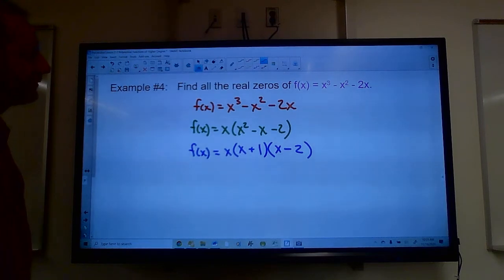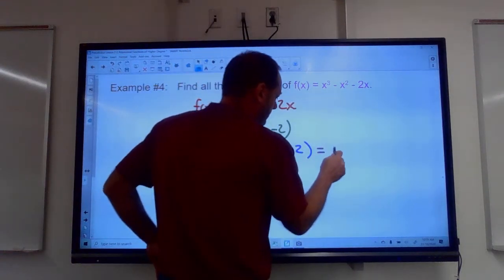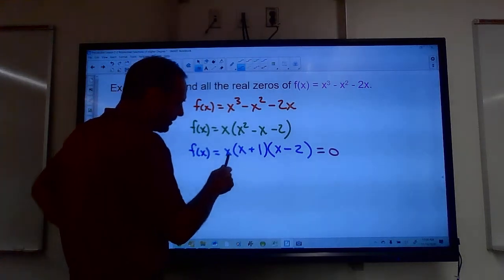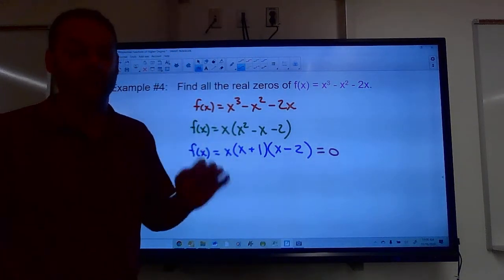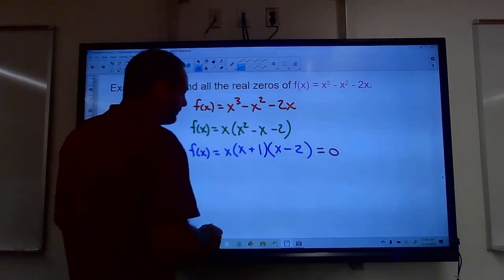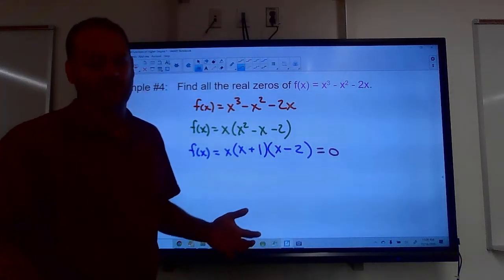Now, we have zeros when this equation is equal to 0. So if I think about it, I have 3 numbers multiplied together to be 0. That means at least one of those numbers has to be 0. Because there are no other numbers, you can't take 2 and 4 and multiply them together and get 0.